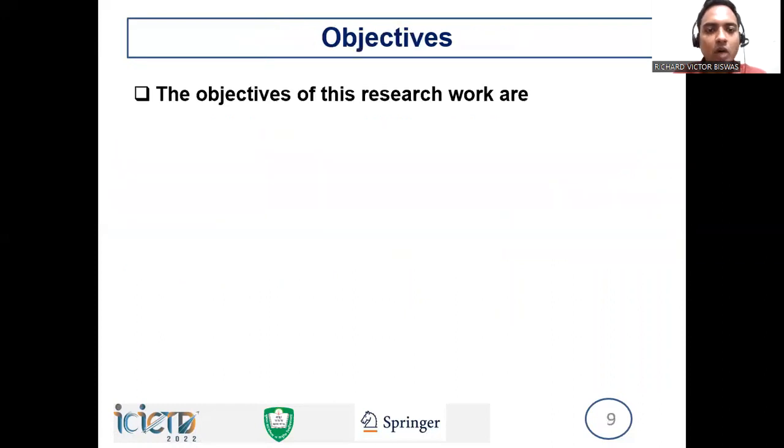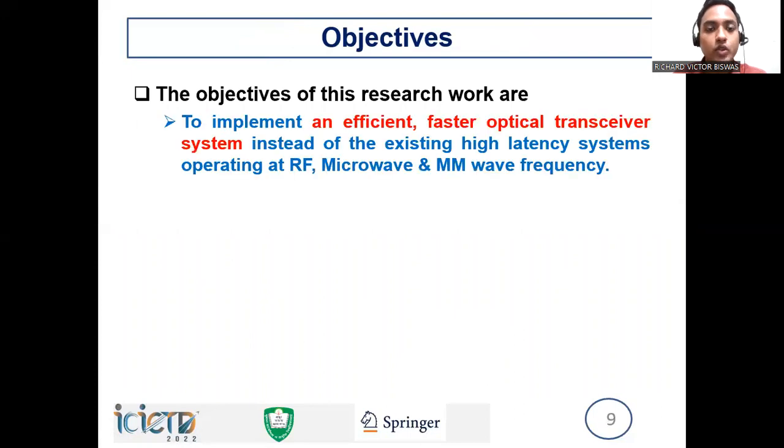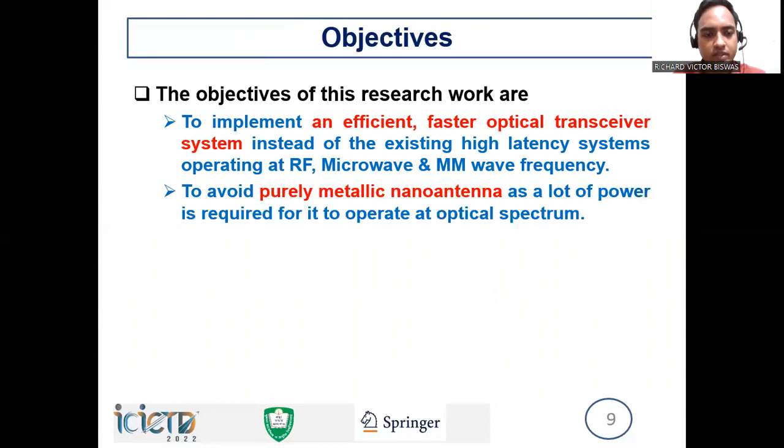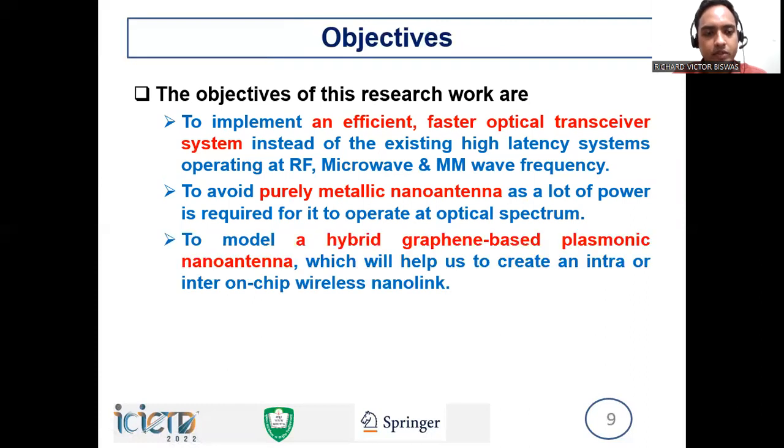Objectives. The objectives of this research work are to implement an efficient, faster optical transceiver system instead of the existing high latency systems operating at radio frequency, microwave, and millimeter wave frequency. To avoid purely metallic nanoantenna, as a lot of power is required for it to operate at the optical spectrum.